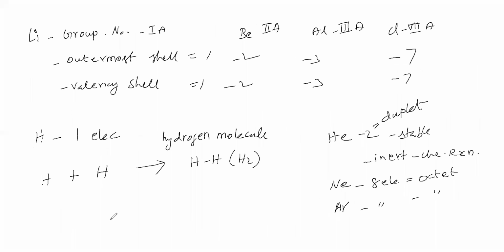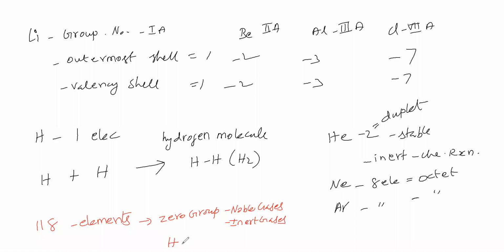How many elements are discovered so far? 118 elements. In that, the last group is called the zero group. The zero group is called noble gases. Another name is inert gases.